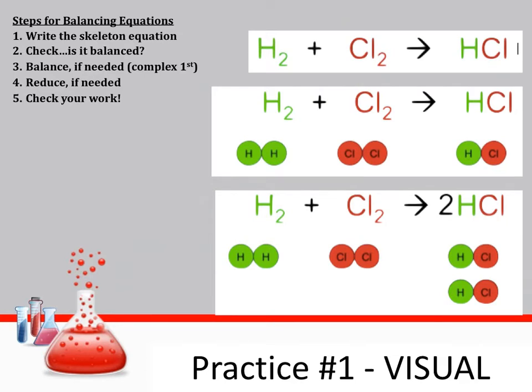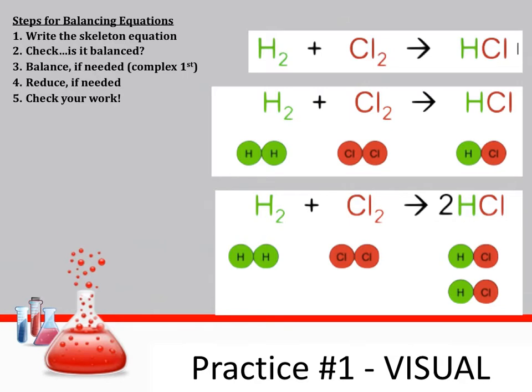So we have 2 hydrogens, and we're going to represent those by 2 green circles. We also have 2 chlorines, so we'll represent that with 2 red circles. This is for the reactant side. Then we look at the product side. We have 1 hydrogen and 1 chlorine, and again we'll use a green and a red circle to show those.